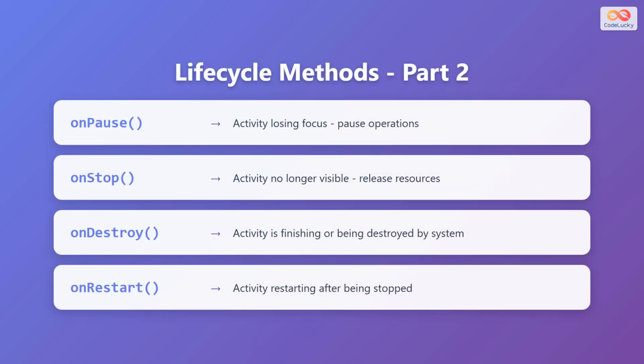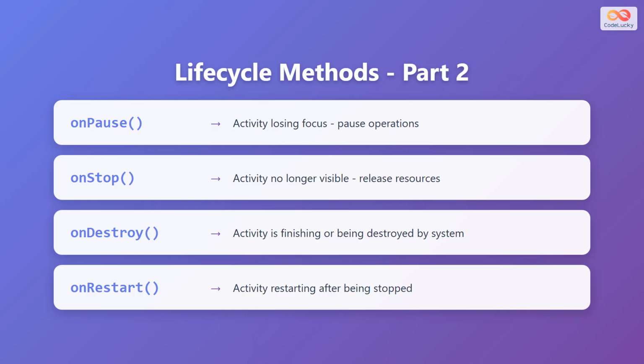Now let's look at the remaining lifecycle methods. First is onPause. This is called when the activity is about to lose focus. For example, when a dialog appears or the user switches to another app. Here, you should pause operations like animations or video playback. Next is onStop. This method is called when the activity is no longer visible to the user. It's completely hidden by another activity.